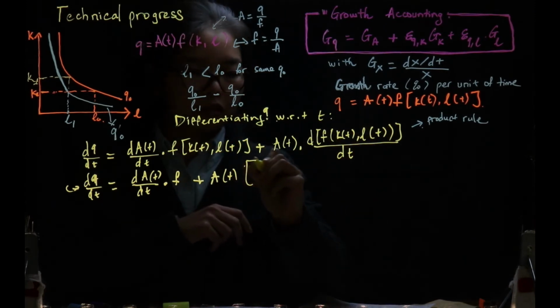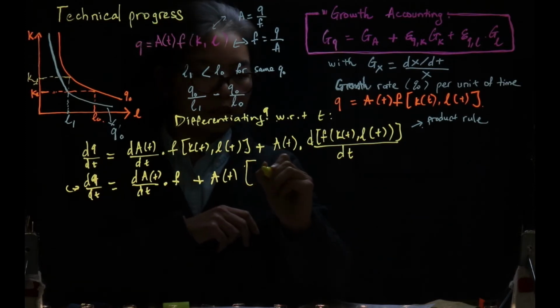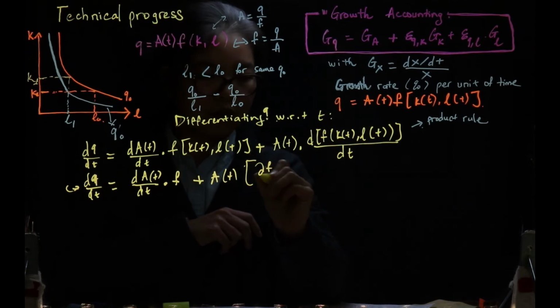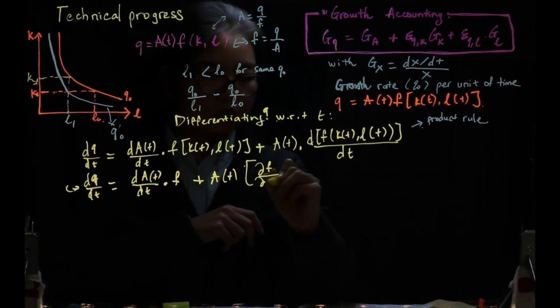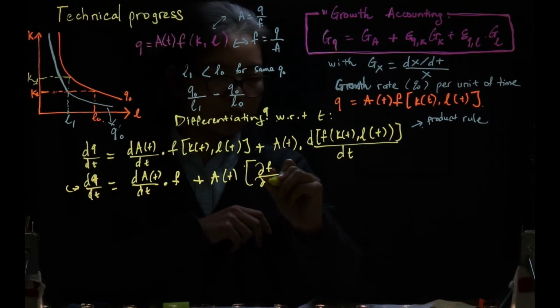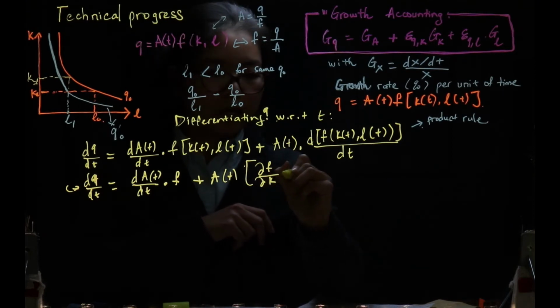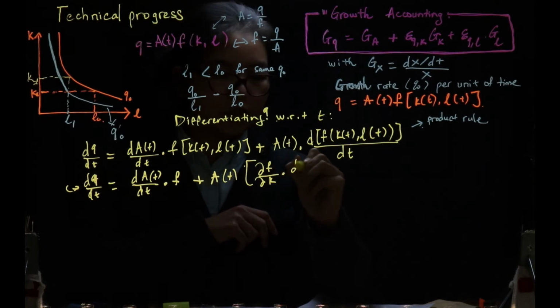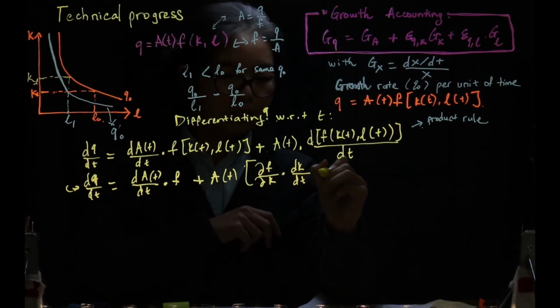So the first thing is we take the partial derivative of F with respect to K, still remember the partial derivative chain rule, times the derivative of K itself with respect to t.